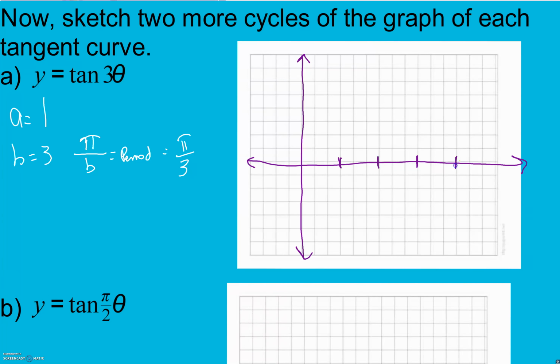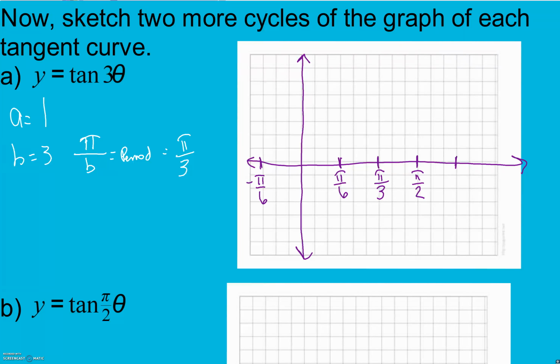And remember that tangent is 1 pi for it to be the period. So I'm going to go at pi over 3 at like my 1 pi mark on my normal graph. Half of that is pi over 6. So 1 pi over 6, 2 pi over 6, 3 pi over 6, which is pi over 2, and negative pi over 6. We have to label all those.